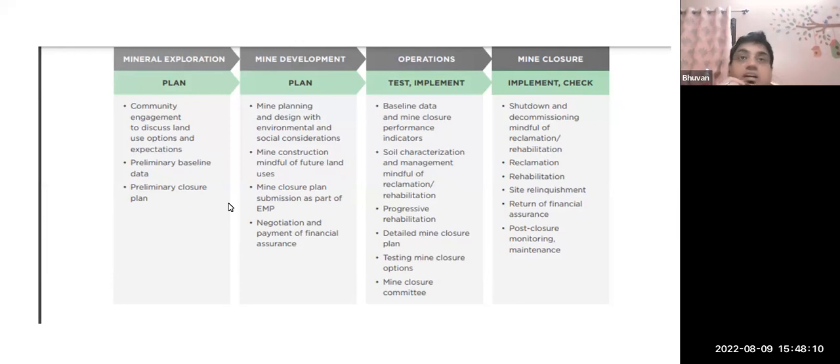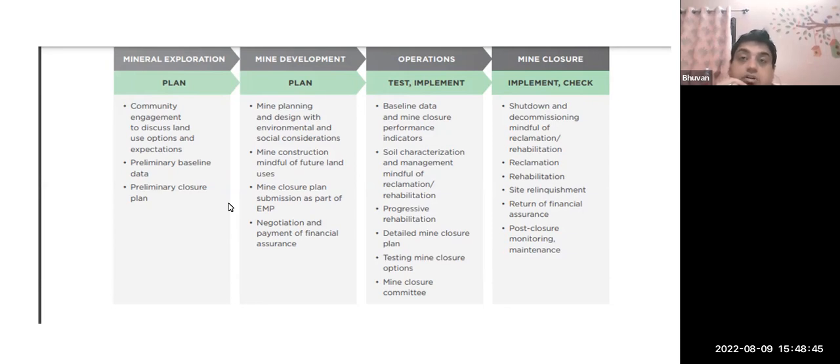Mind you, in India at present, ecological restoration of mines is also being carried out in some parts of our country, where some kinds of grasses which can absorb the heavy metals present in the abandoned mine sites are grown, and some trees which can survive the toxic soils present at the mining sites are also being employed, the native trees, the native vegetation, for the ecological restoration of the mining sites.